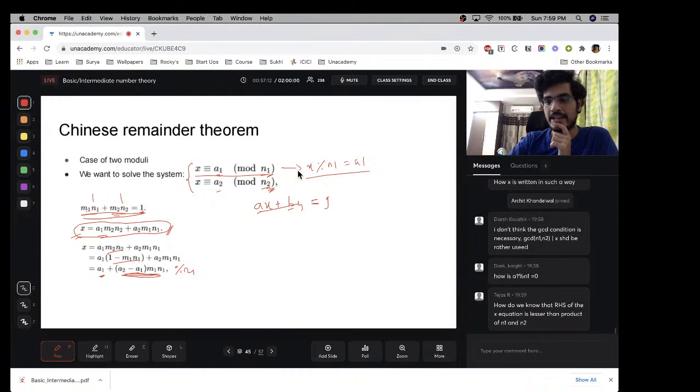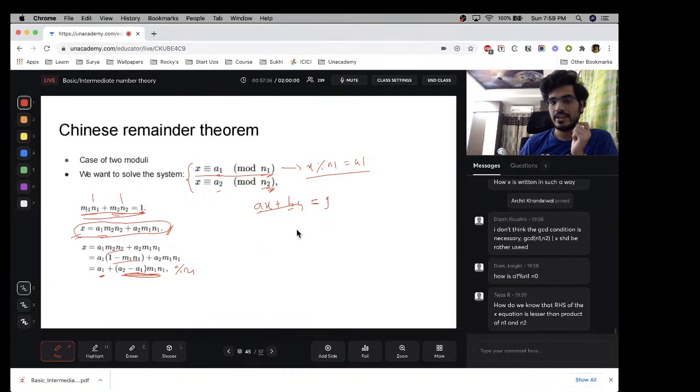How do we know that the RHS of the equation is less than the product of n1 and n2? Simple, Tejas. If it is not, we just divide it by n1 n2 and take the remainder. We just take out the quotient factor.